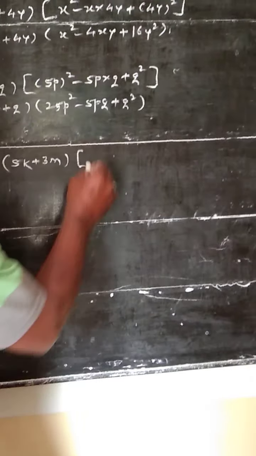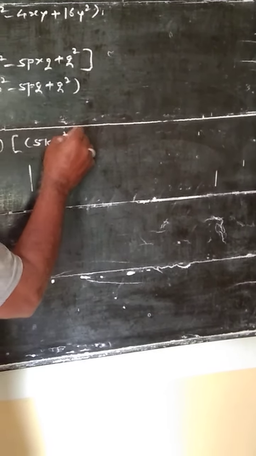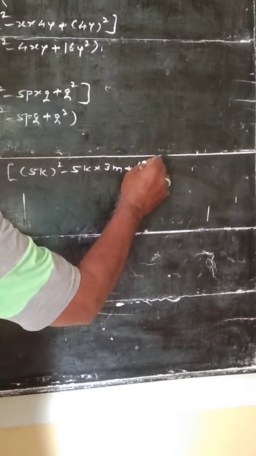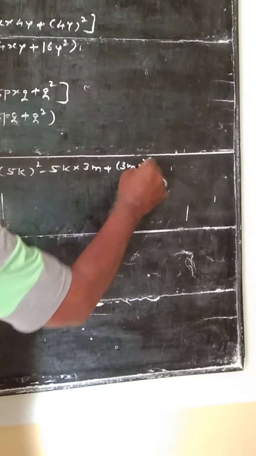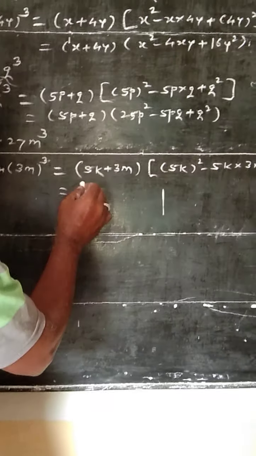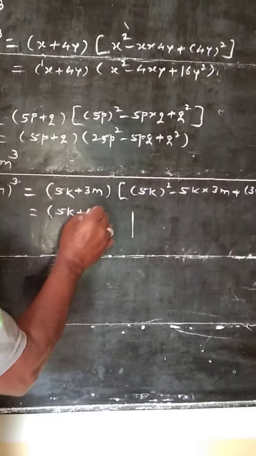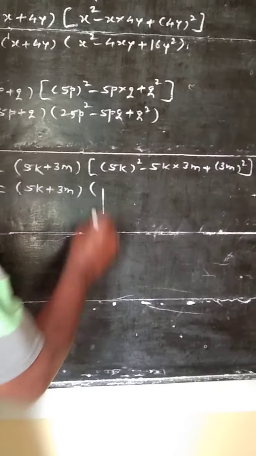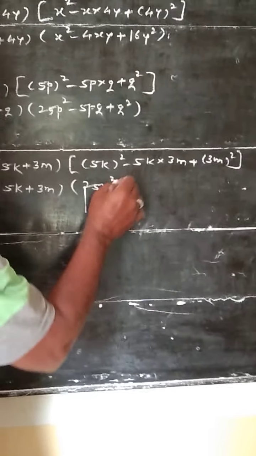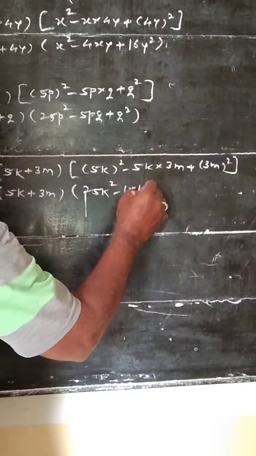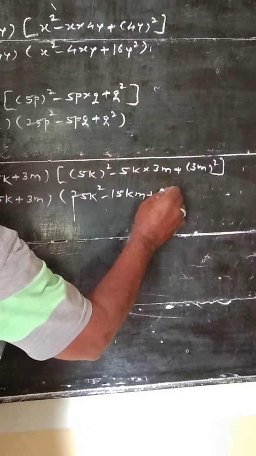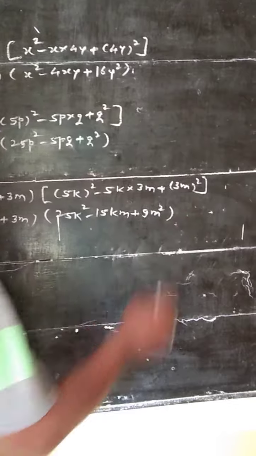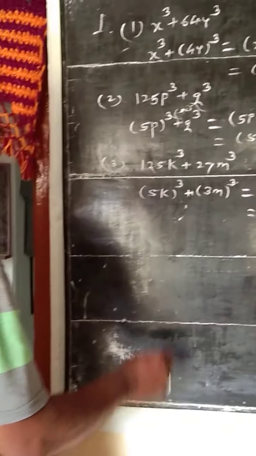The second bracket, (5k) bracket square minus 5k into 3m plus (3m) bracket square. Then first bracket as it is, 5k plus 3m. The second bracket, the square of 5k is 25k square minus 15km plus 9m square. The square of 3m is 9m square. These are the factors of 125k cube plus 27m cube.